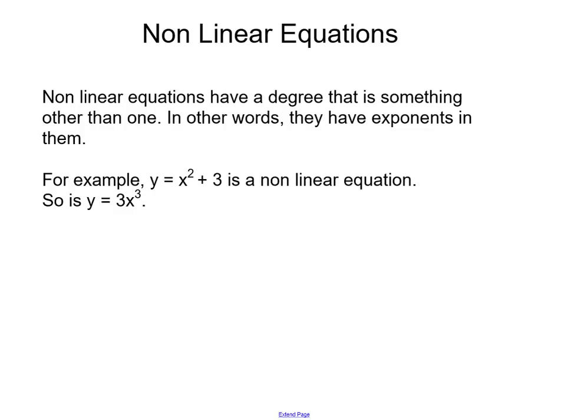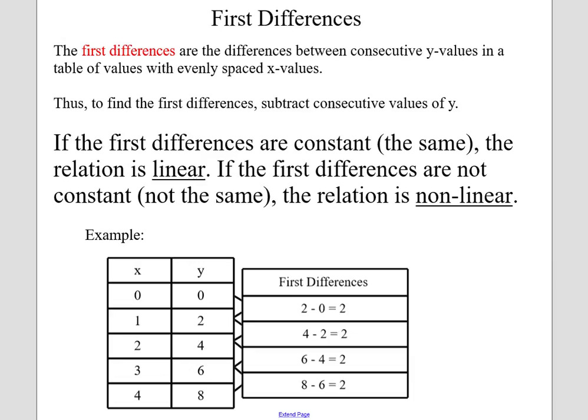This particular slide here that we talked about in class is essentially just a really fancy word for something that you've actually been doing quite well. It's a fancy word for figuring out what your y's are going up or down by. So in this case, our y's are going up by 2 every time.